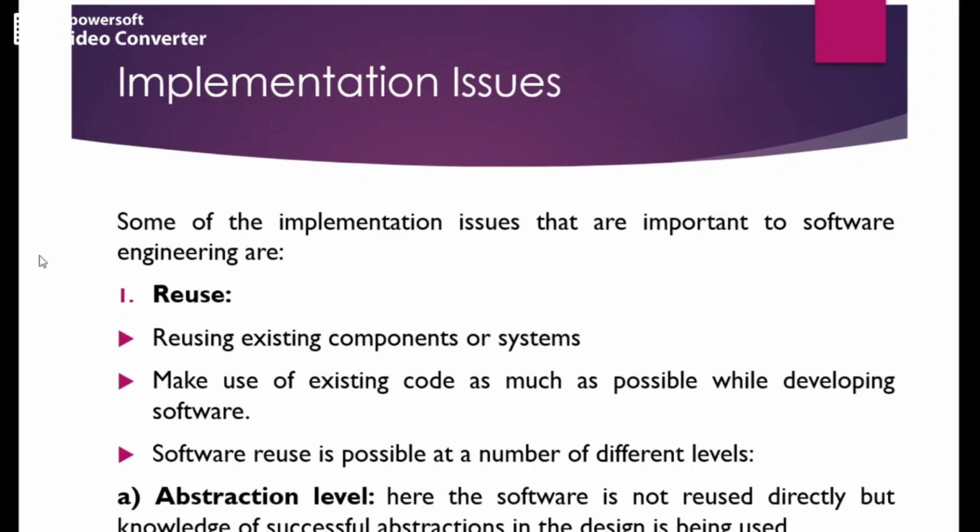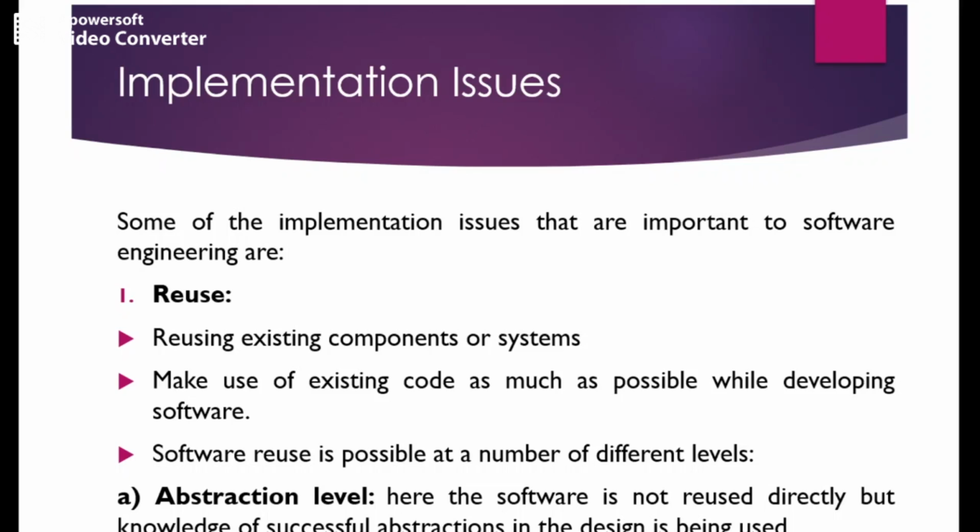Clear? Okay. Now software reuse is possible at a number of different levels. What are those levels? First is the abstraction level. Here the software is not reused directly, but knowledge of successful abstractions in the design is being used.